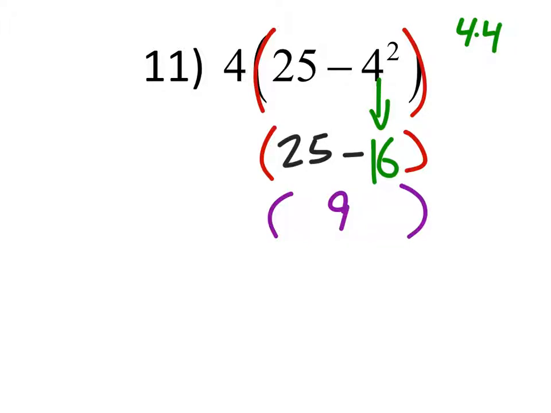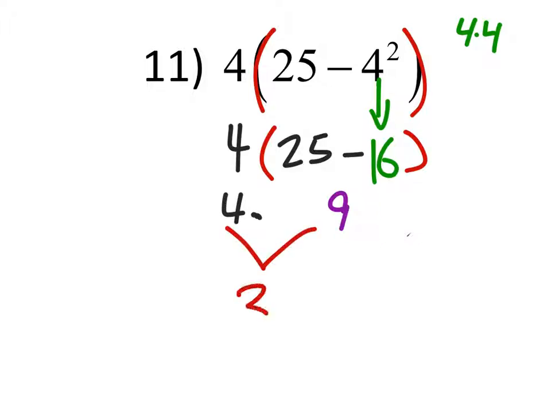But yeah, it would be 9. Now again, we do have this 4 in front. So this is 4 times the 9, and yes, if we want to, we can get rid of the parentheses now because we have just a number. So if I had 4 groups of 9, 4, 18, 27, 36. Bam. 4 times 9 is 36.